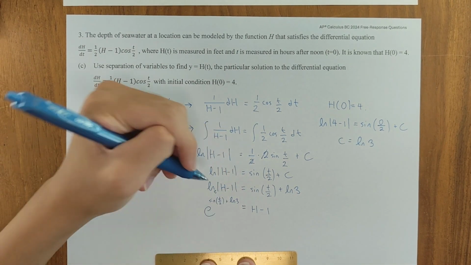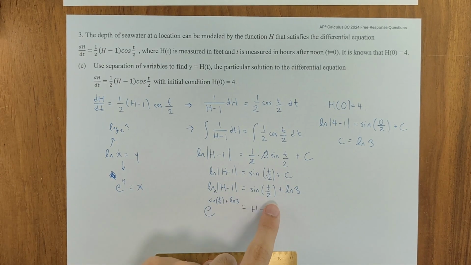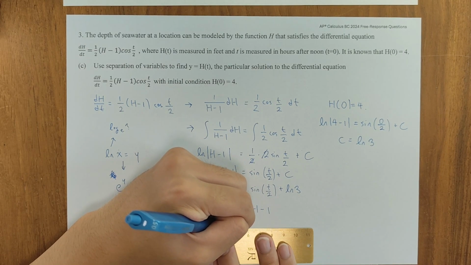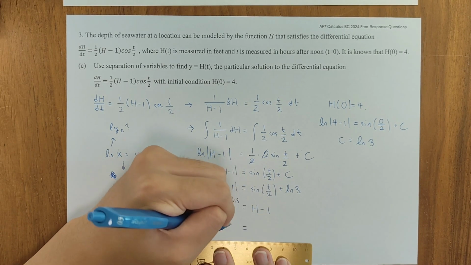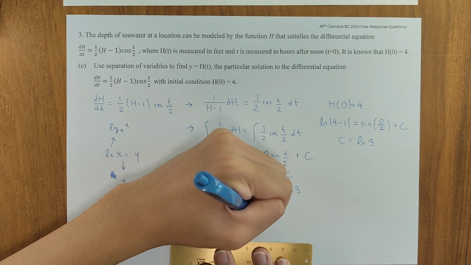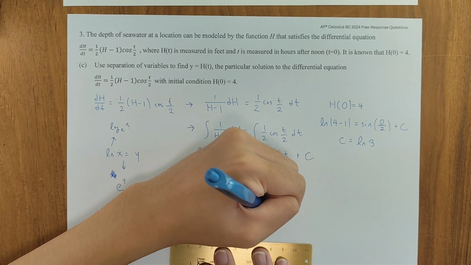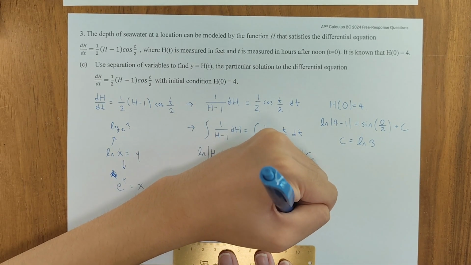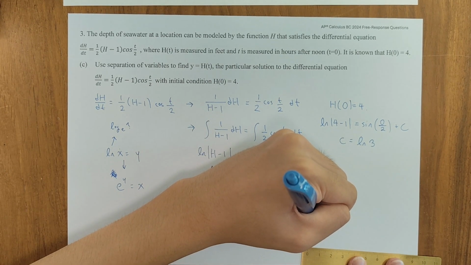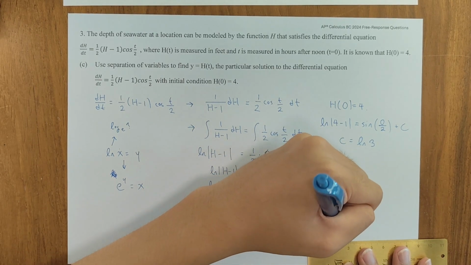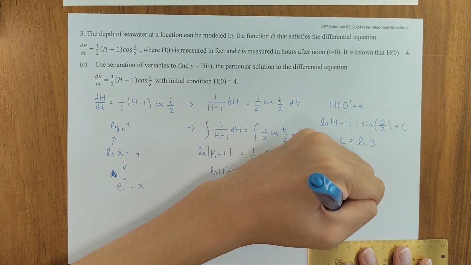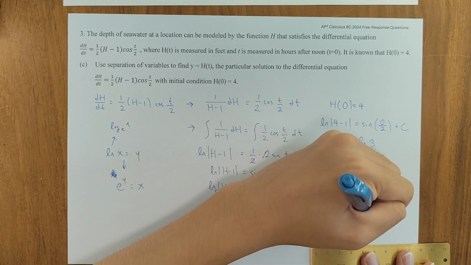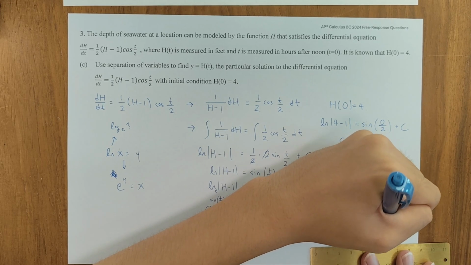There's an e here, e to the sine whatever power equals h minus 1. Then we just bring that 1 over, so we would get e to the sine t over 2 plus ln 3, plus 1. We can further simplify this. So e to the sine t over 2 times e to the natural log 3, plus 1.